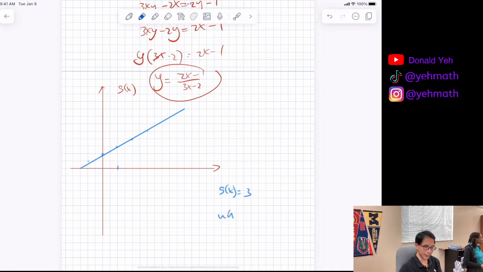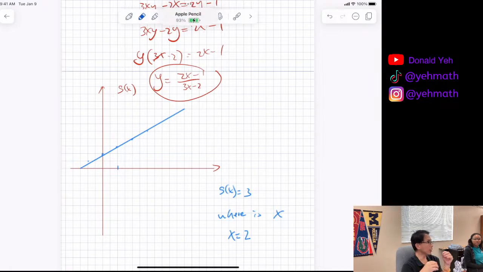Where is the x? Before you go, you have to figure out, if g of x is equal to 3, what is x? X is equal to what? 2. Okay, so we're going to build on this for tomorrow. But today, your composite function is going to have to have an inverse. You're going to have to figure out how to deal with the inverse this time.